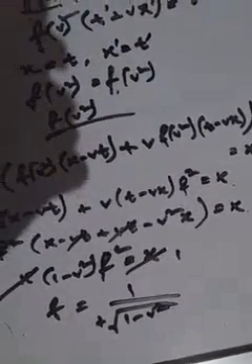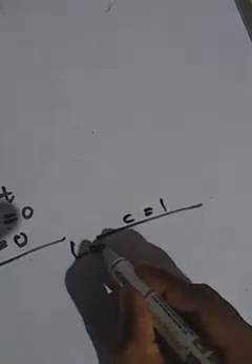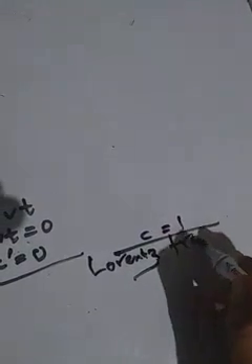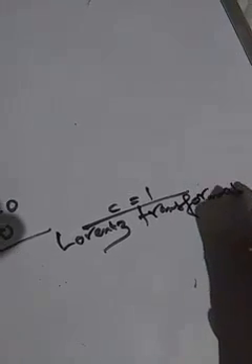So this is the thing that comes in the Lorentz transformation. So we'll write down the Lorentz transformation in c equals 1. And what are they?